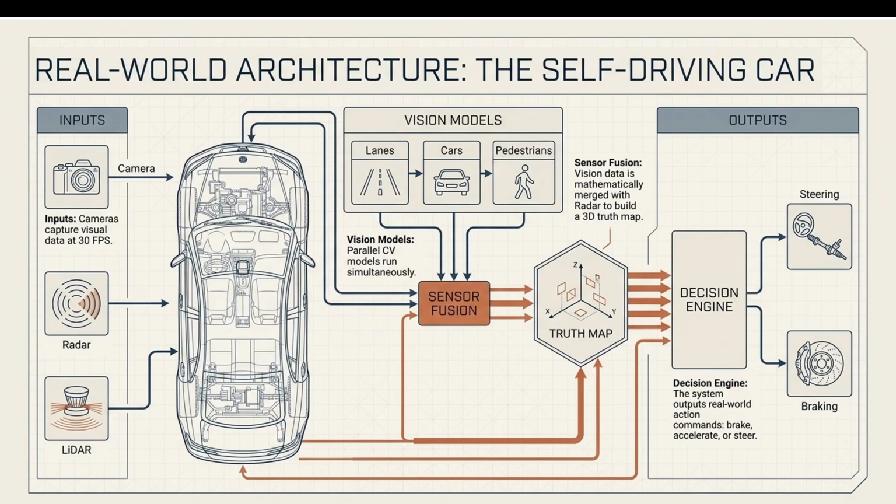Based on this truth map, the decisions will be taken by the decision engine, whether the brake should be applied, or the car should be accelerated, or it should steer in a different direction. So this is how the architecture of a self-driving car works.